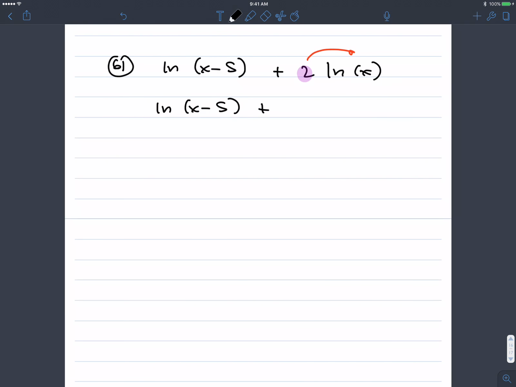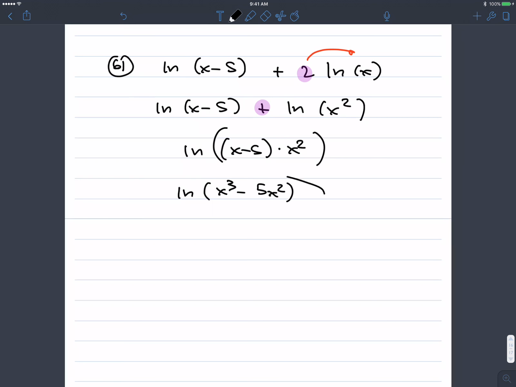And when I do, I get the natural log of x squared. Notice I have a sum. I'm going to write this as a product. X minus 5 times that x squared. I can think I'm done, or I can say this is really x cubed minus 5x squared. There you go.